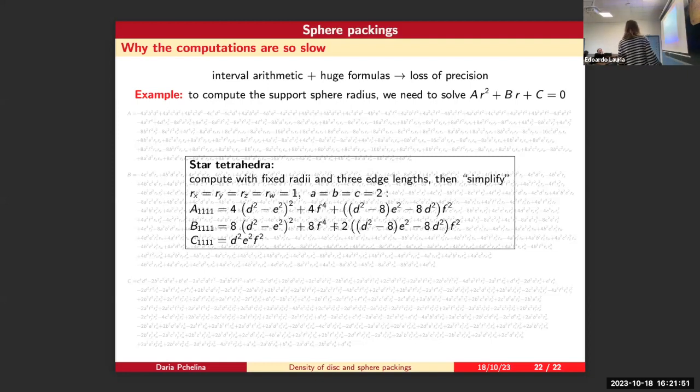Yeah, so here are the formulas, actually. And what happens with interval arithmetic is that the resulting interval will depend on how the formula looks.